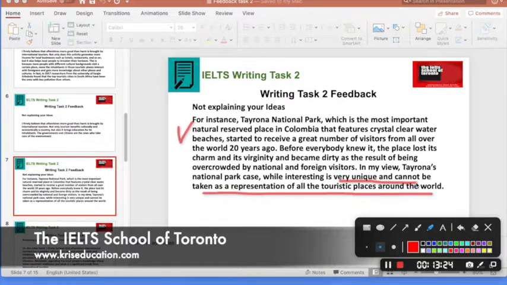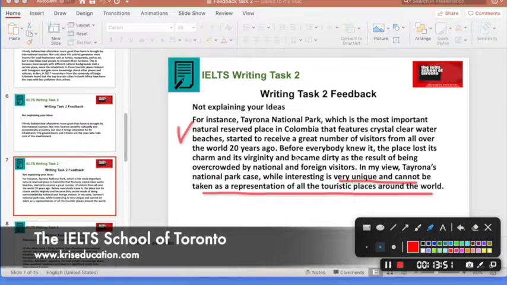So, why this cannot be generalized. This is very, very important. Write something like, so while interesting, this is very unique and cannot be taken as a representation of all the touristic places around the world, because, what is the guy talking about?